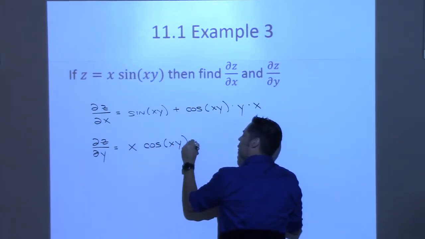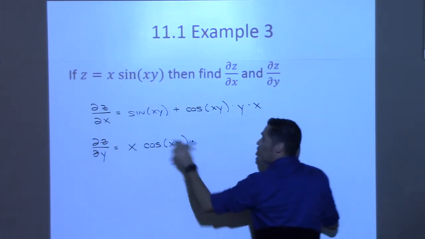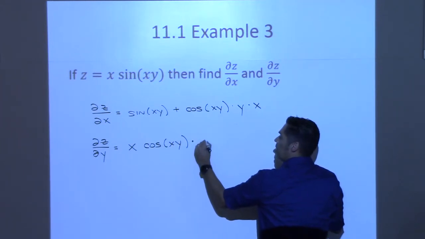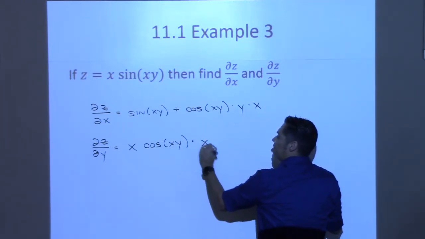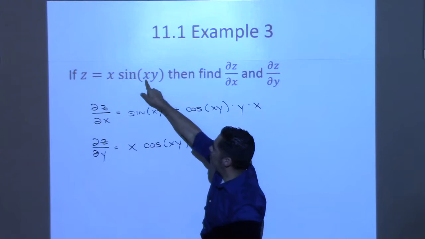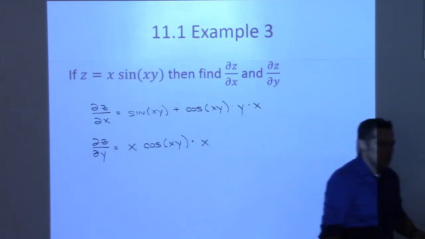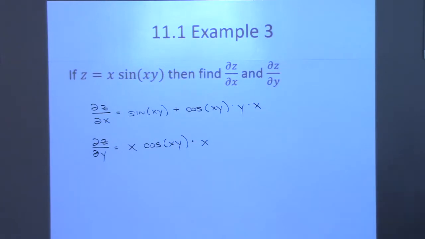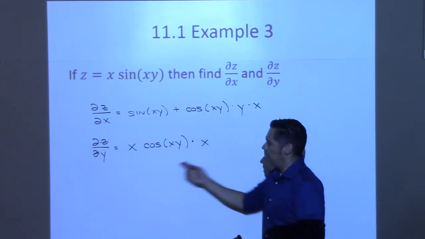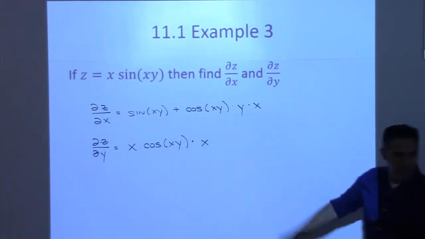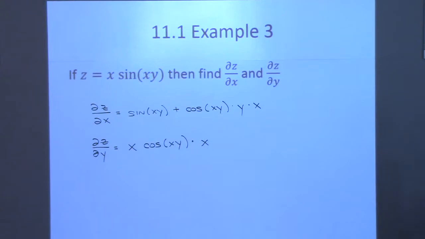But now the derivative of the inside with respect to y would be just x, because this is like taking the derivative of 2y, which would be 2. We all clear with that? Okay, now, so we've done that.